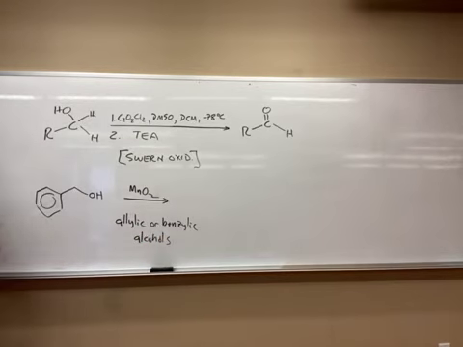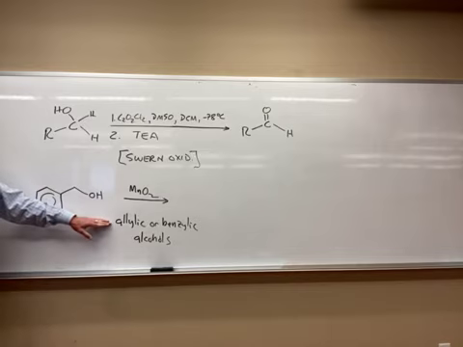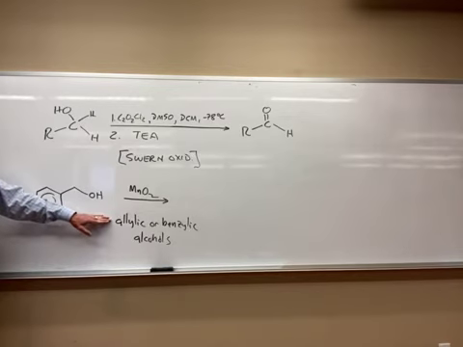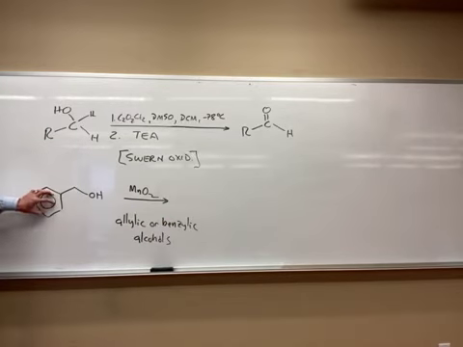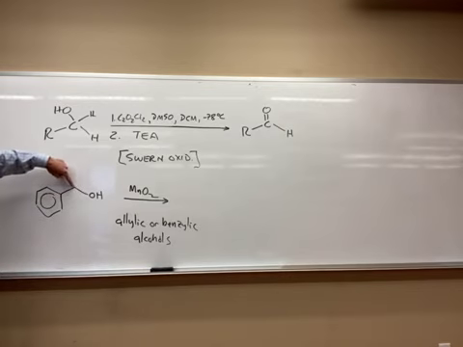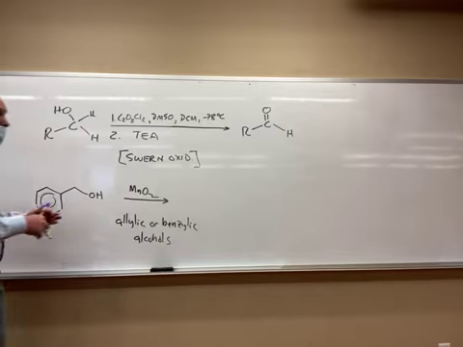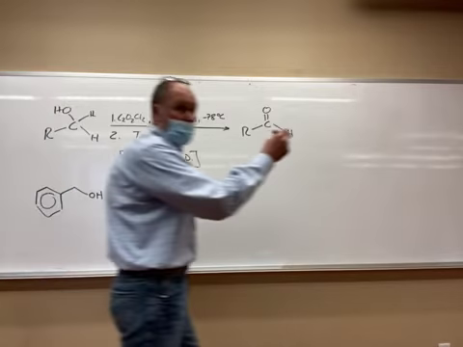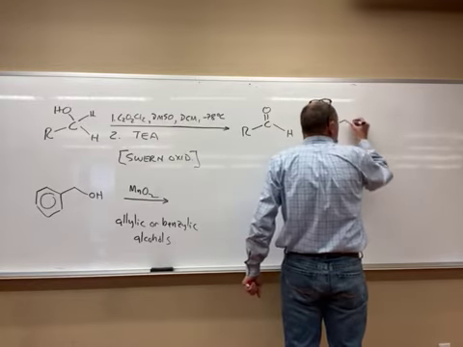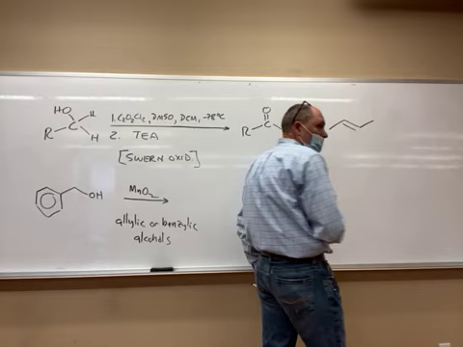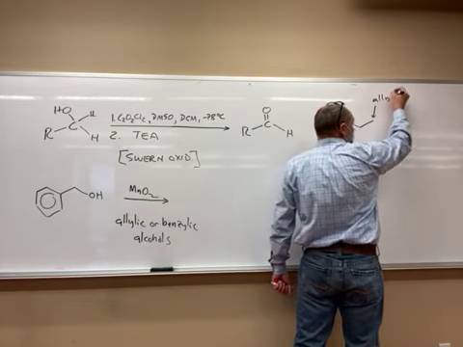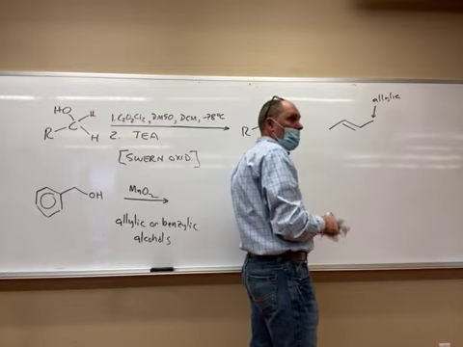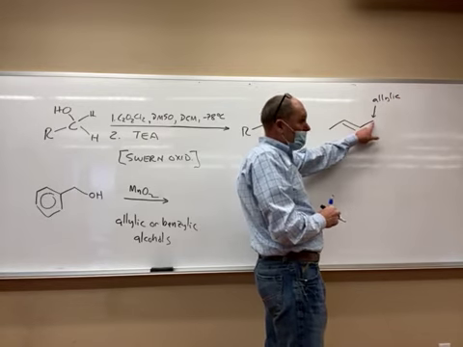Okay? Now, you have had allylic. You've had that probably, I might need to remind you what that word means. But you've had that. We have not had benzylic yet. This is benzene. This carbon right here is a benzylic carbon. I'll get to that. What you have had is allylic. If you remember back when you had an alkene that looked like this, this position is called allylic. Remember that? The hydrogens here are real special.